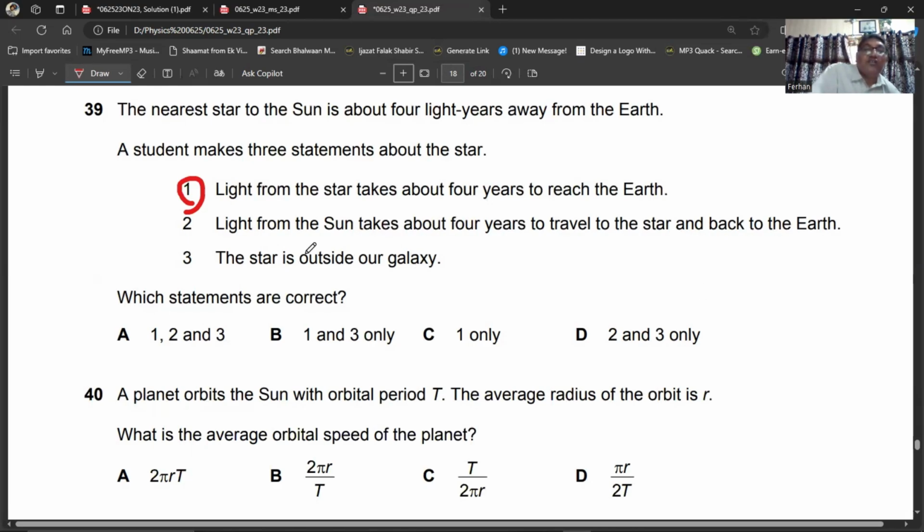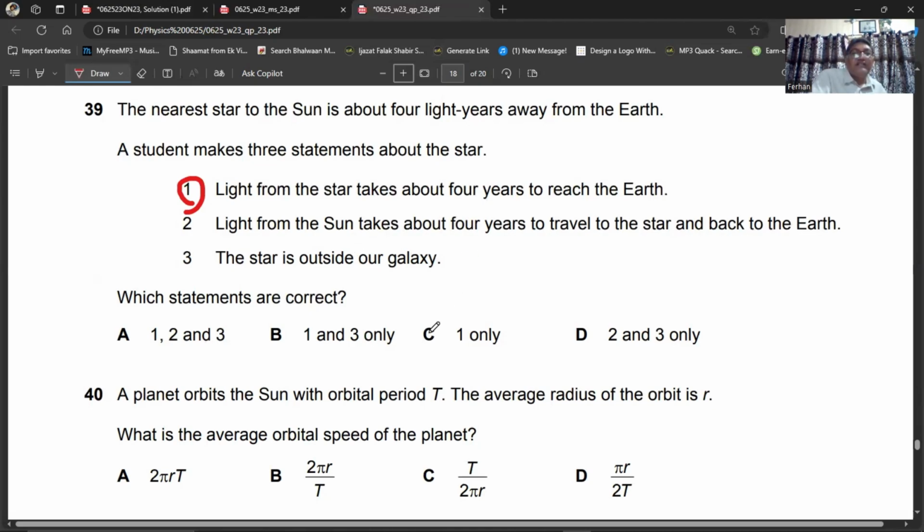So this is not true. The star is outside of galaxies. No, the size of our galaxy is larger than 4 light years. Which statements are correct?